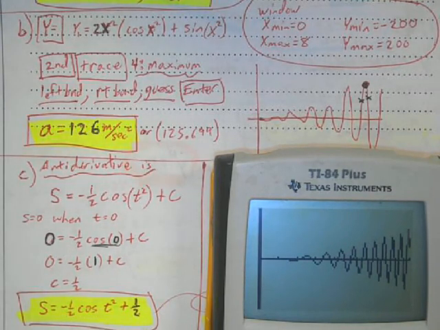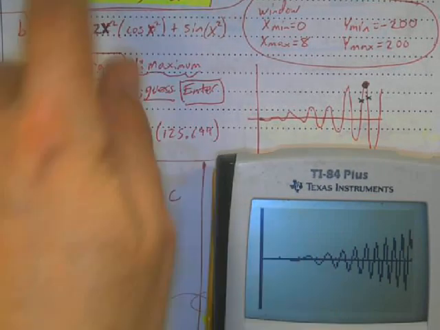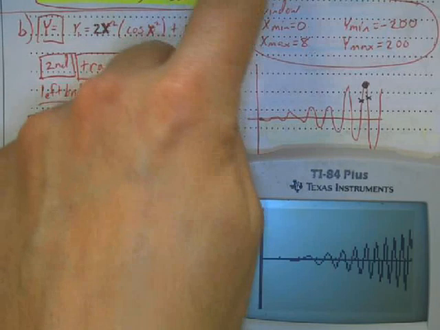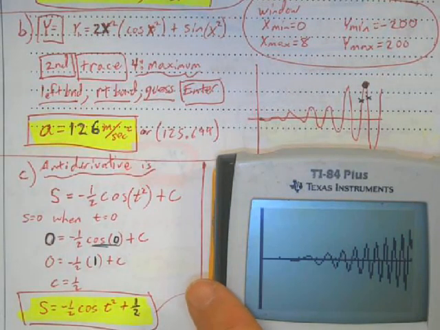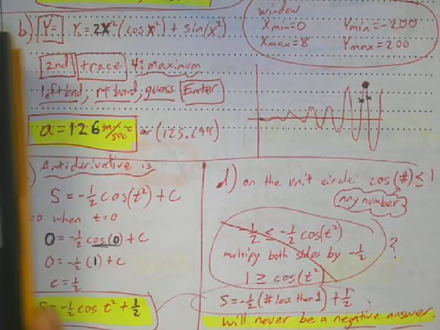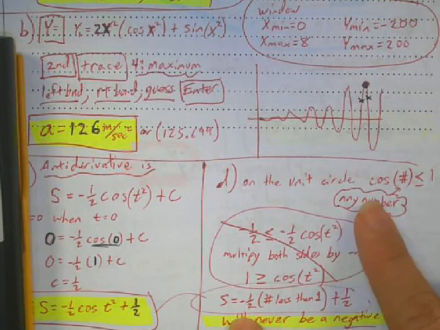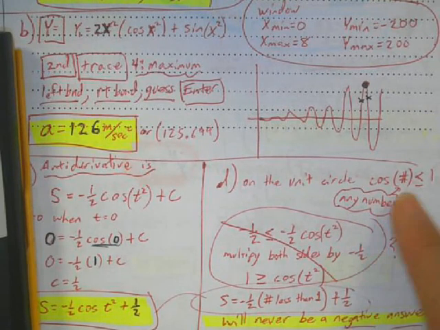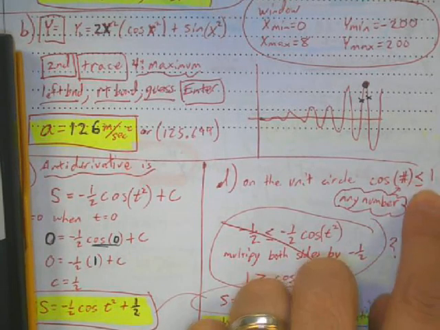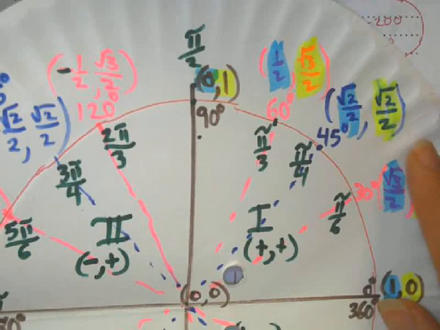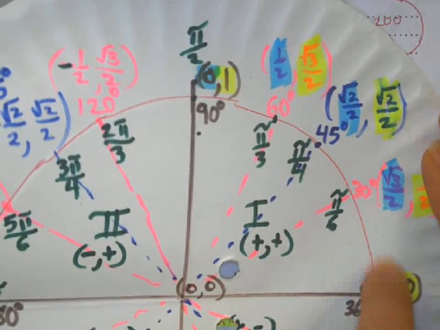Okay. So question D, hence or otherwise show that the particle never has a negative displacement. So basically, we know that the value of cosine is never going to be greater than 1. If we look at this value, the blue value here is cosine, right?